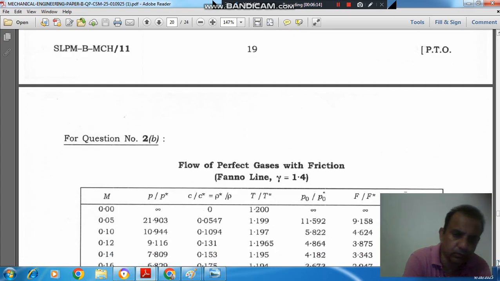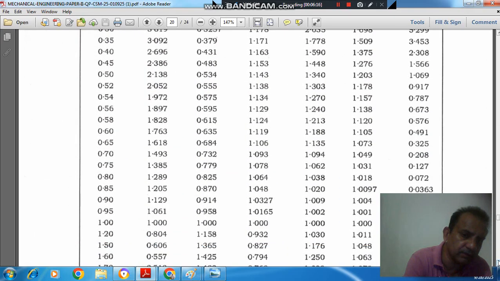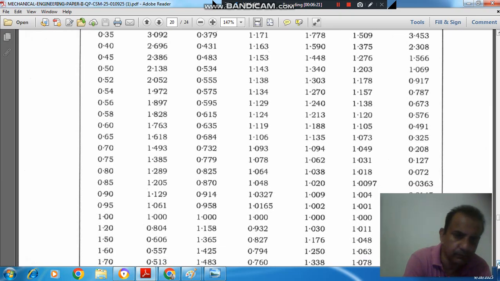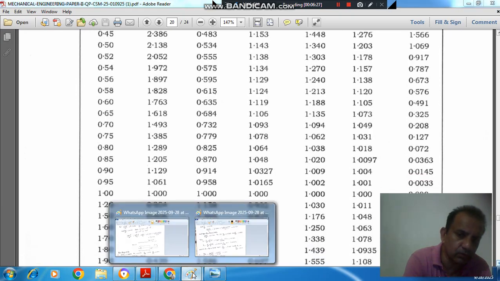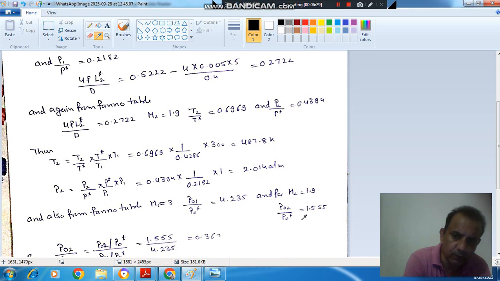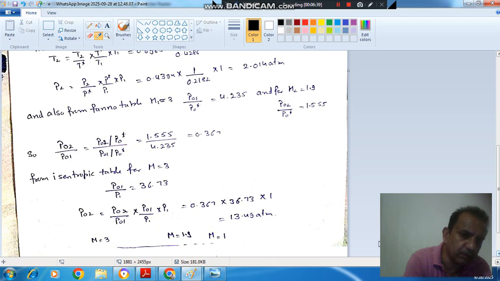We can see these values corresponding to M equal to 1.9 and corresponding to 3. The value corresponding to 1.9 is 1.555, and corresponding to 3 is 4.235. Now we can calculate P02 by P01. As P0 star is the same for both, it is divided and multiplied by P0 star, and this value we have.